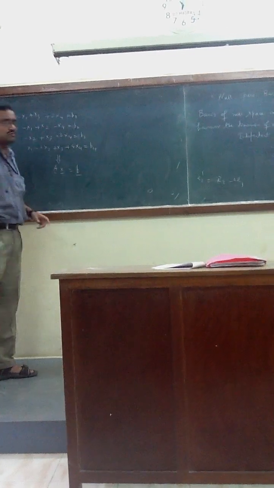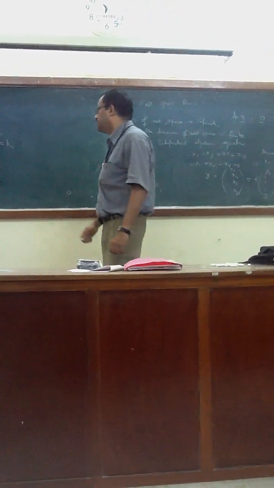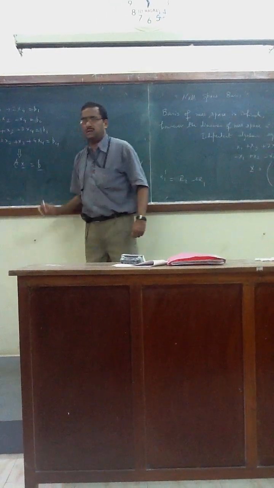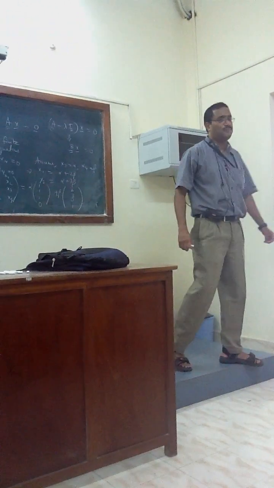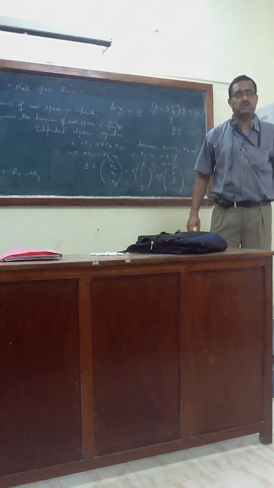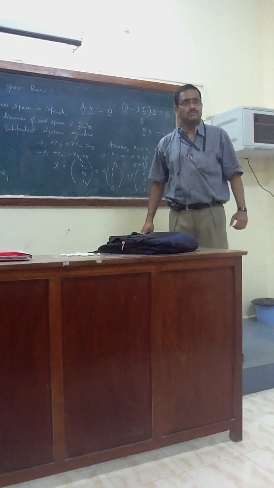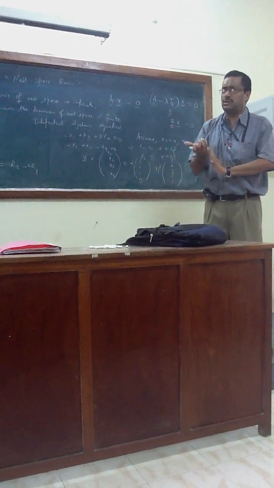The problem has been changed now. Instead of right-hand side 0, I am having B1, B2, B3, B4, Ax equals B. And now we have seen determinant of A equals 0, right? For this case, when can you get a unique solution? For any B's you can get a unique solution?